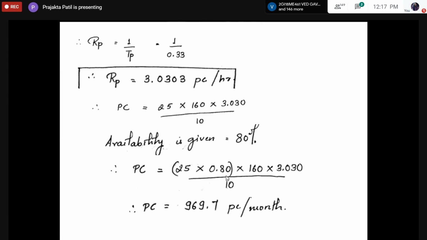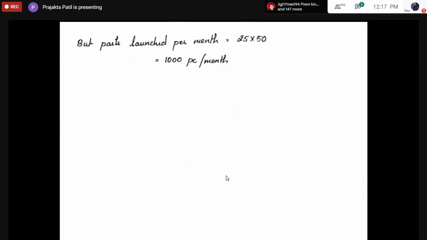When you know this is the production capacity, why do you think an overtime of 100 hours will be required here? It is because the total parts that are actually launched per month is how much? It is 25 into 50, that is 1000 pieces per month.